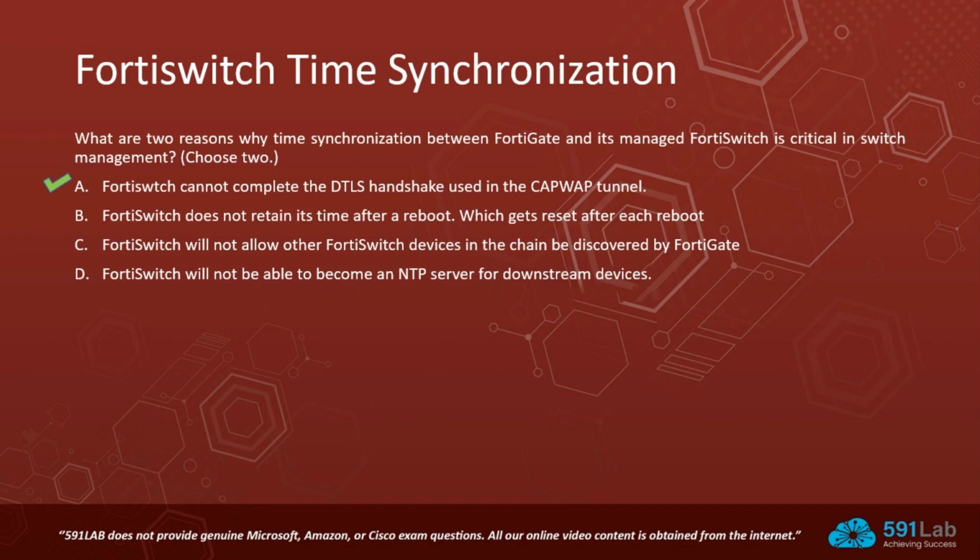And also now you know this answer is correct. Answer C. FortiSwitch will not allow other FortiSwitch devices in the chain to be discovered by FortiGate. This answer is wrong. Answer D. FortiSwitch will not be able to become an NTP server for downstream devices. This answer is also incorrect. So the correct answers are answer A and B.